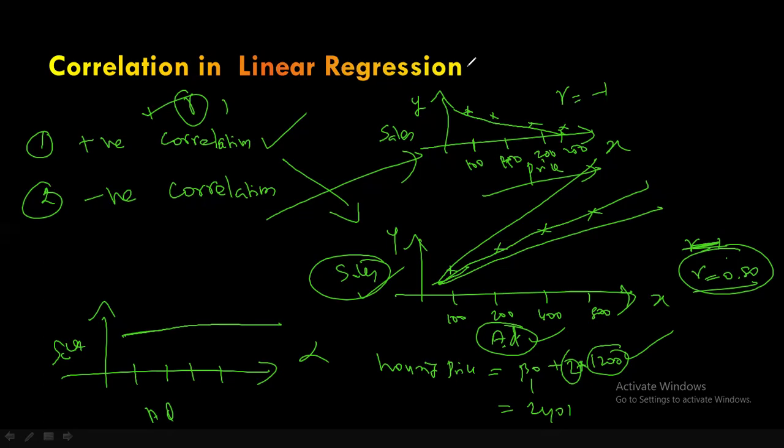Let me give another example. Take the case of a retail store where discounts increase. On the x-axis you have the discount, and on the y-axis you have the profit. When you give more discount, what will happen? Your profit will go down, right?